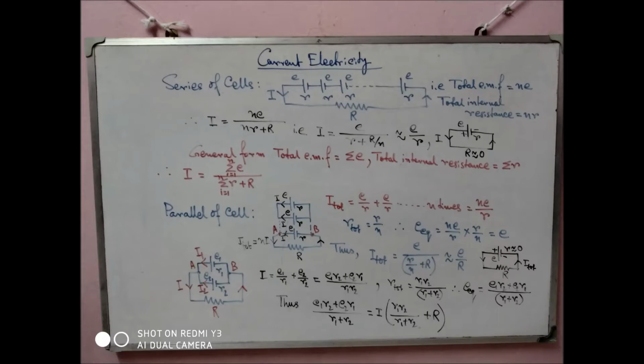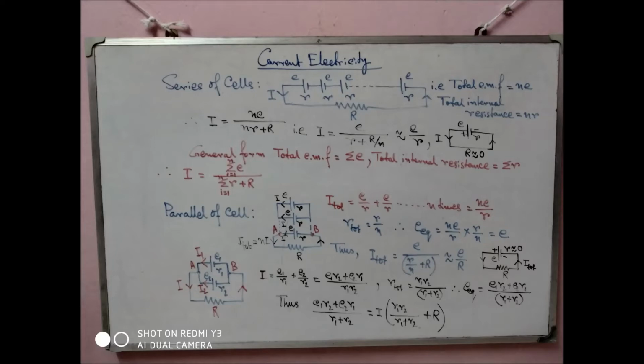Now what is the significance of this expression? Here we are considering that the internal resistance of a single cell is nearly equal to 0. It is very easy to understand: whenever we connect a large number of resistances in parallel, the total resistance decreases.